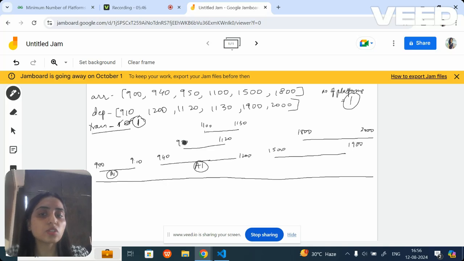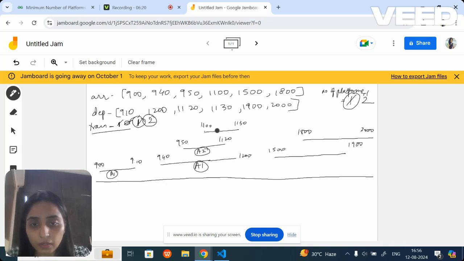So this train does not have any platform. What we do is create a platform plus one. Now we have two platforms, and we name the second platform A2. So now how many trains are there? Two trains, correct? They will go at their own time.